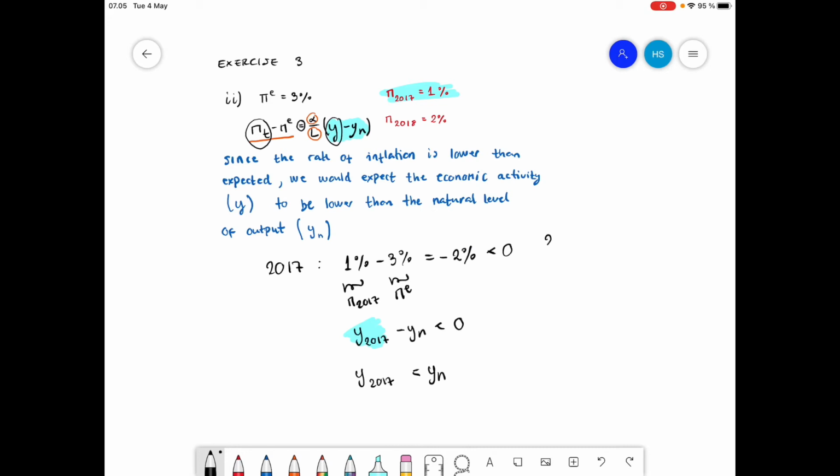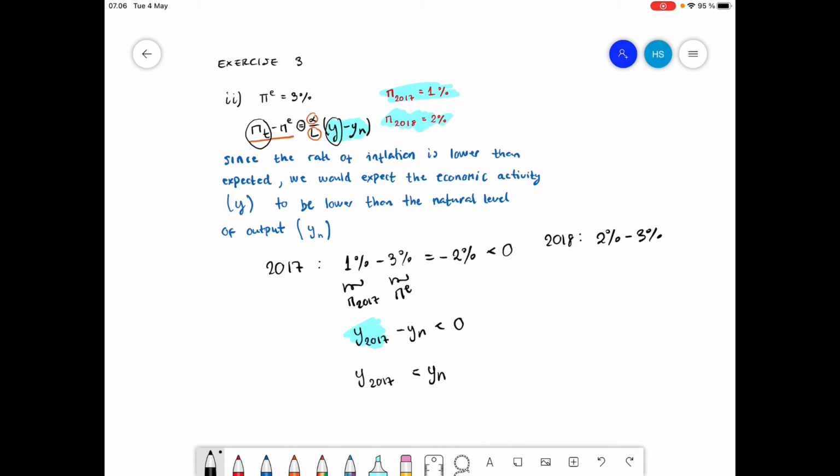The story is the same for 2018. If you take a look at 2018, we found that the rate of inflation in 2018 was equal to 2%. So realized inflation minus expected inflation. In this economy, inflation expectations are anchored at 3%, meaning that the agents of the economy expect the inflation rate to be constant over time.